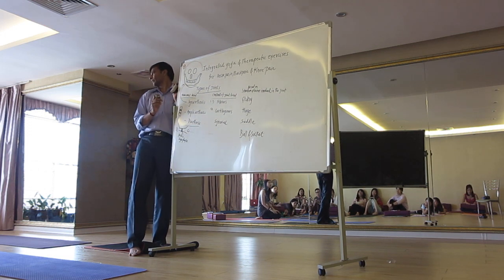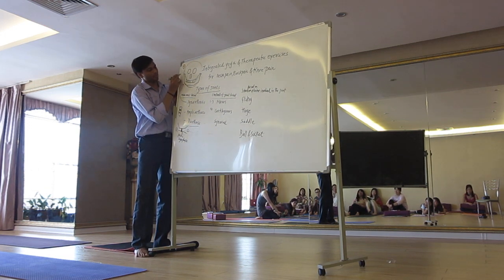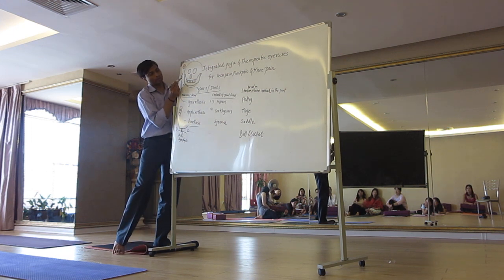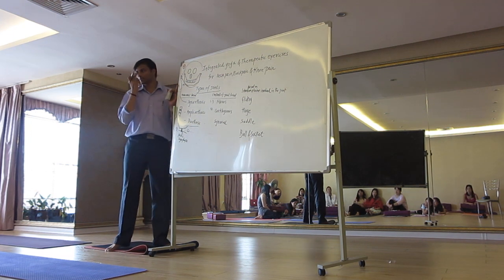If I see it from the side, it looks like this. Eyes, the nose doesn't show. So whatever I see as a nose is a cartilage.